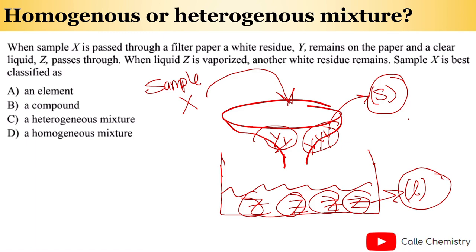So in a heterogeneous mixture, you can see the different parts because components are in different phases. So this answer would be C, heterogeneous mixture. Sample X is a heterogeneous mixture because we have Y, the residue, in the solid phase, and Z, the liquid that passed through, in the liquid phase.